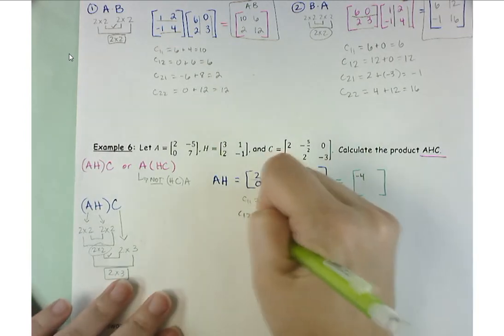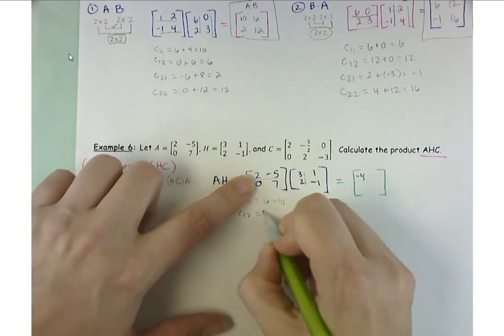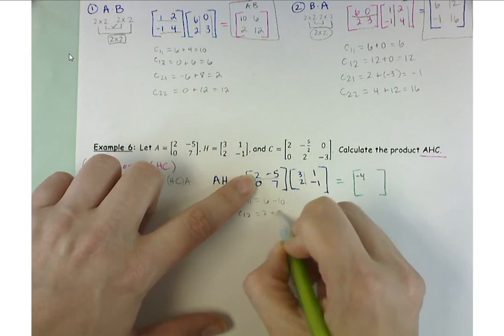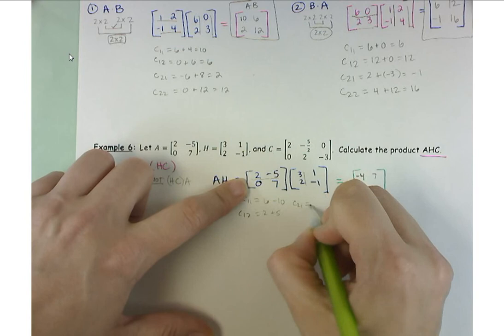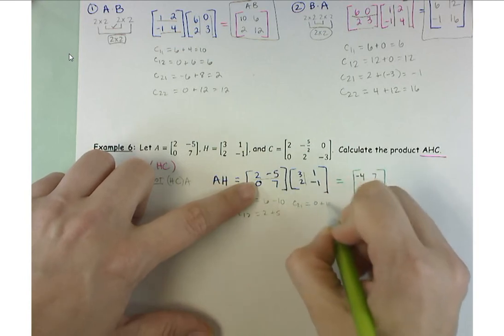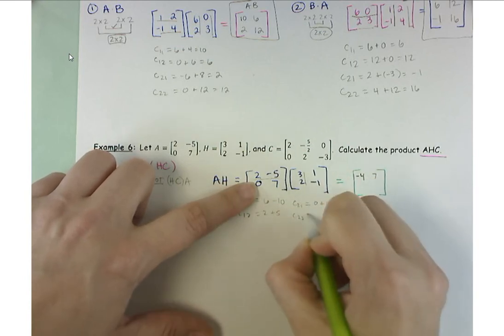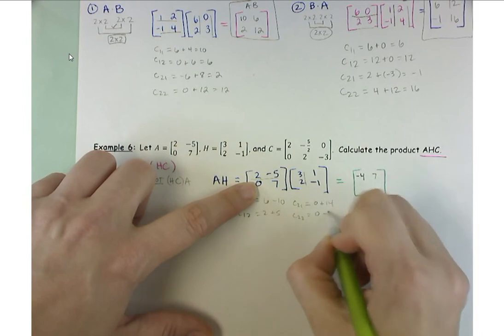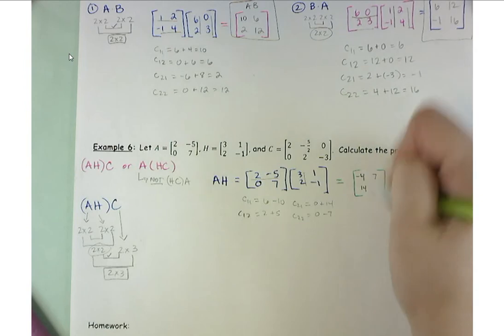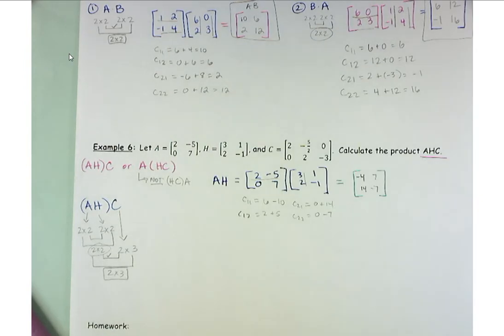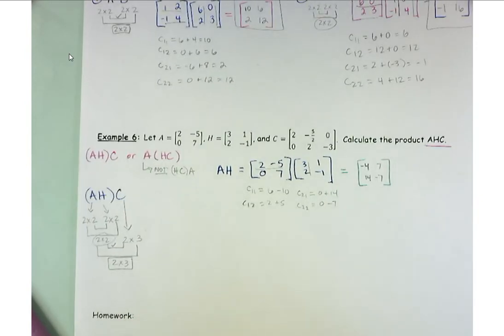For 1, 2, 2 times 1 is 2. Negative times a negative is a positive, so that will be 7, right? And then the second row, first column, 0 times anything is 0 plus 14. And then for the second one, it'd be 0 minus 7. So this one would be 14, and then this one would be negative 7. Okay, so that's going to be your A times H.